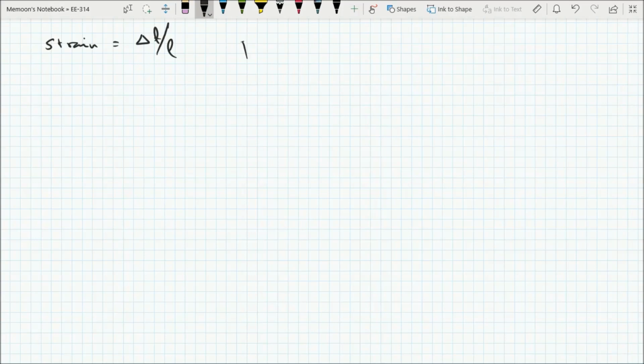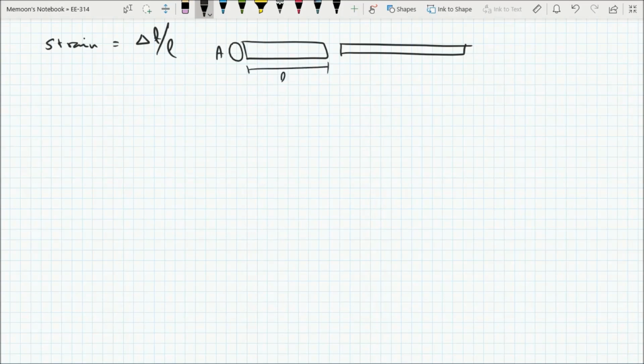If your piece was like this before and now it is like this, the cross-sectional area has to compensate for this elongation in length. So your new length will be L + ΔL, but your new area will be A − ΔA, because the volume of this piece will remain the same, as we are not adding or subtracting any material.